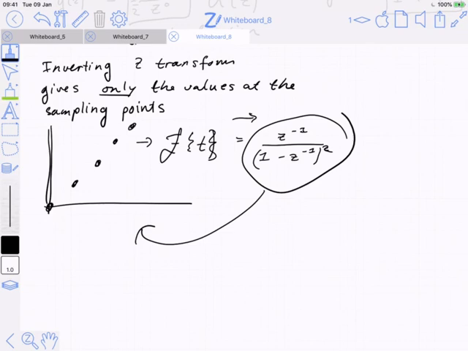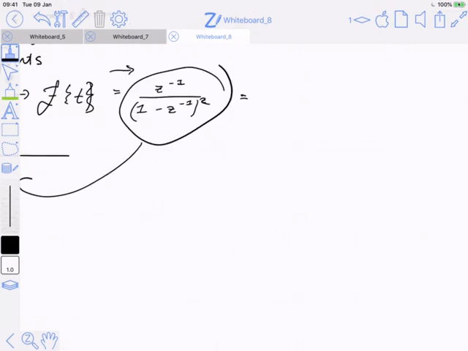I don't know whether Carl sneakily added some kind of sine in there that just happened to be 0 at all of the sampling points, and so it changed the intermediate bits but didn't change the line. And so how do I do this inversion? That is an infinite sum, right? So it's something times z to the 0 plus something times z to the minus 1 plus something times z to the minus 2, and so on.